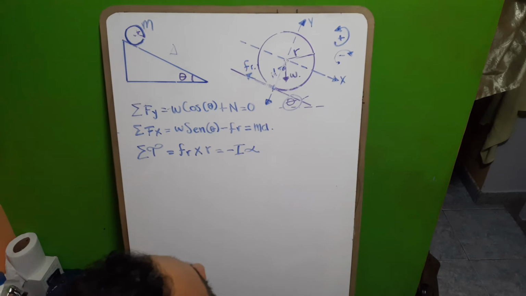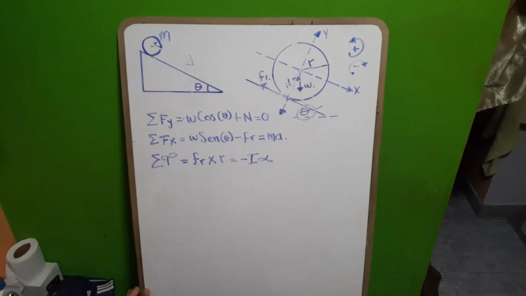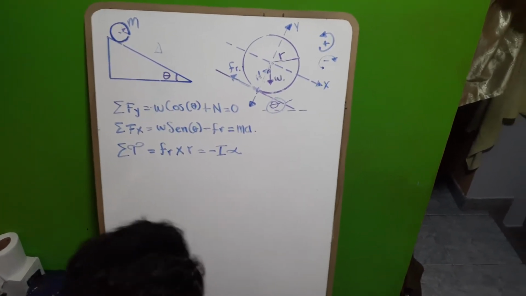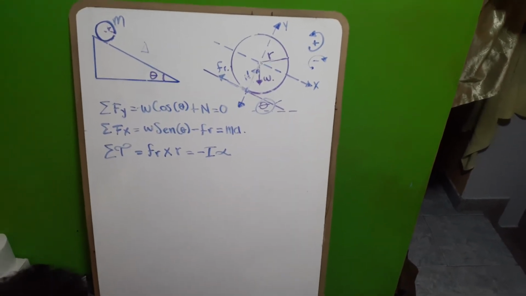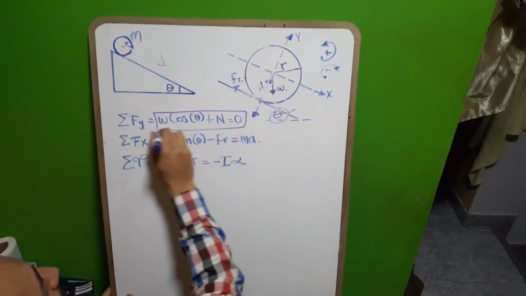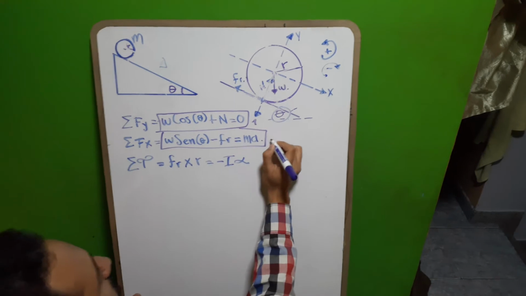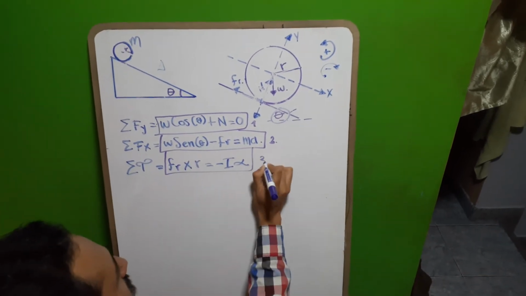This is the last step: solve our equations. This is 1, this is 2, this is 3.